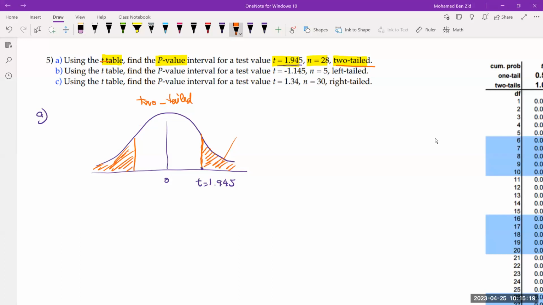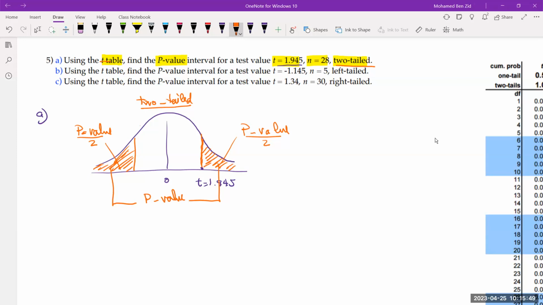So they are not only one side, they are two sides. This is therefore the p-value divided by 2, only half of it, and this is p-value divided by 2. So your p-value is the sum of these two. This always happens for two tails. It happened for the p-value, and it happened for the alpha as well.